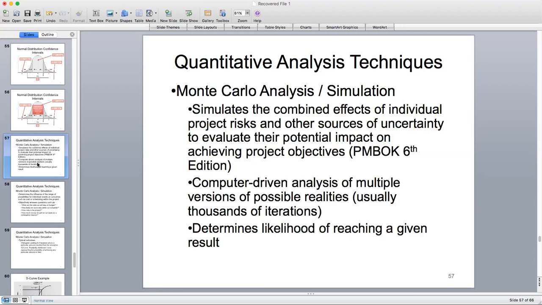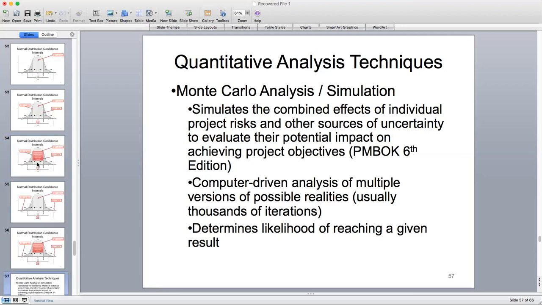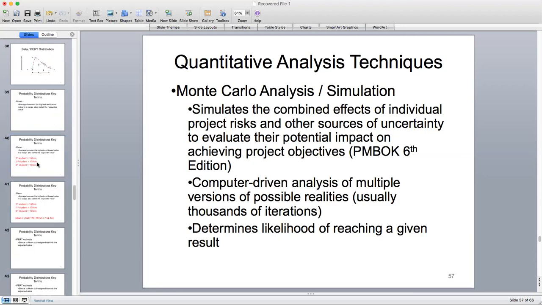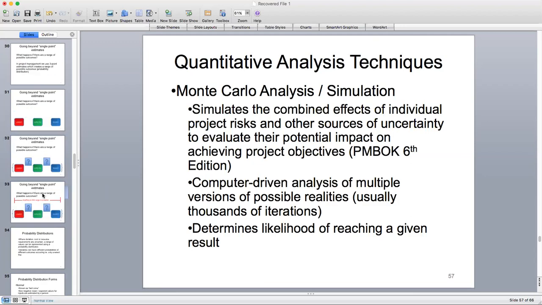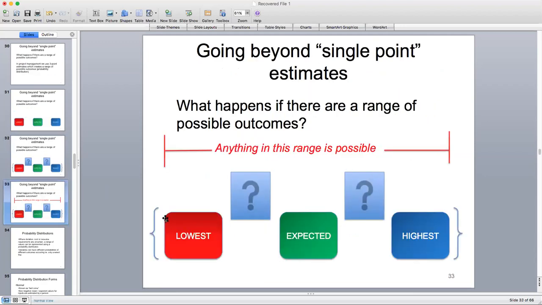And after running the model, sometimes hundreds or thousands or even millions of times, it assigns random values along this distribution. So any given point, at the lowest point or the highest point, and anything in between, for all of your risks, for all of your inputs, for all of your activities, whatever your model is going to be associated with, it will take into consideration any one of those values, and it will calculate the averages.